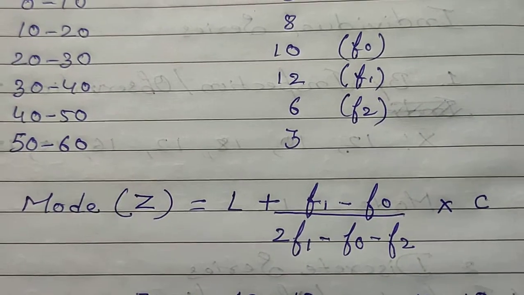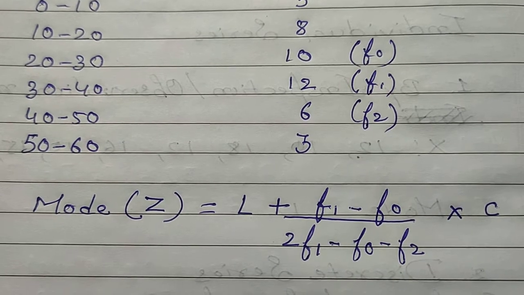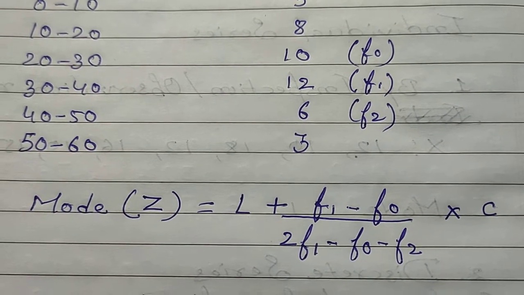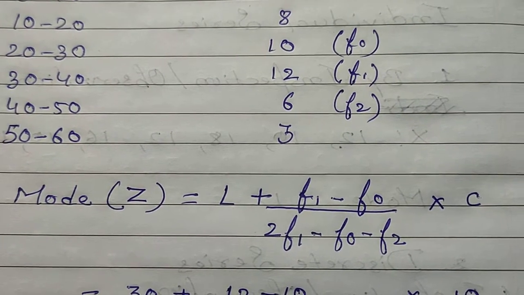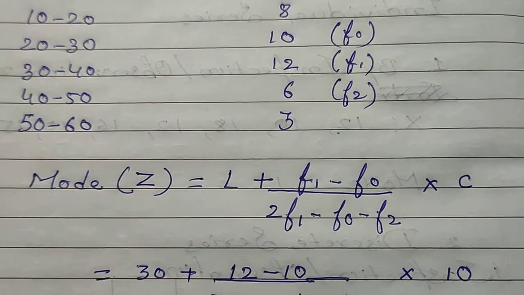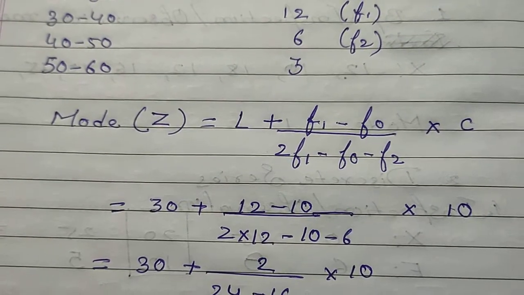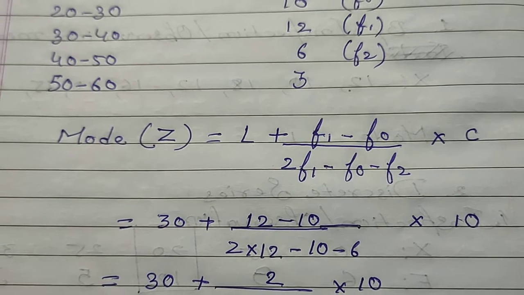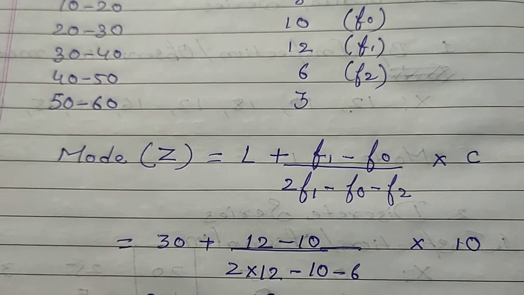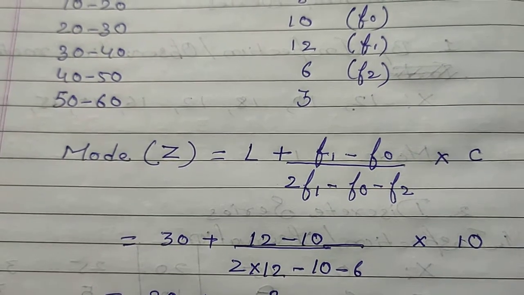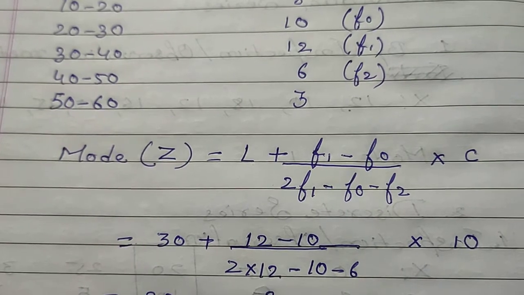This is the formula to calculate the mode. Mode is equal to the lower limit of the highest frequency class plus (F1 minus F0) divided by (2F1 minus F0 minus F2), into the class width. By putting in these values, the lower limit of the highest frequency class is 30, F1 is 12, F0 is 10, twice F1 minus 10 and 6, into the class width, that is 10.